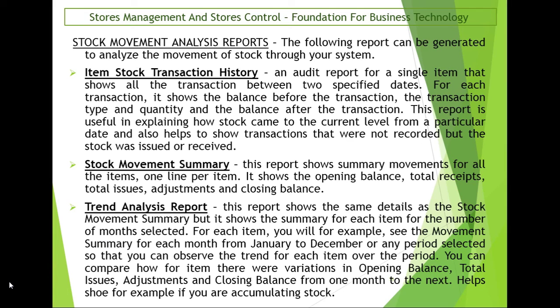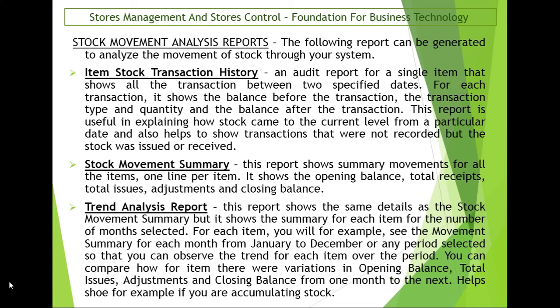So for that item A, for January, you have opening balance, receipts, issues, closing balance. For February, you have opening balance, receipts, issues, closing balance. So you see the whole trend from January to December.